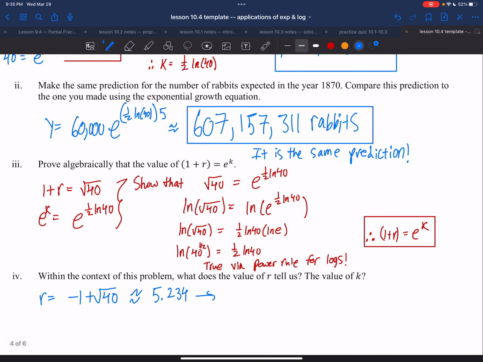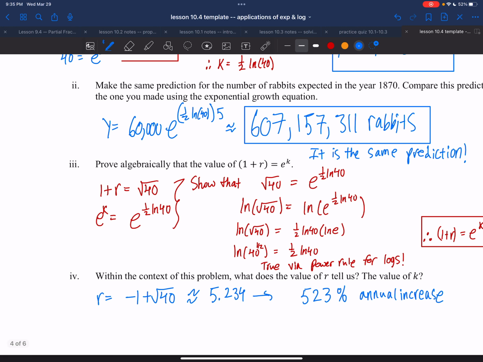That's a decimal, which means it's a percentage. So that's a 523% increase. But what kind of increase? Annual. It's a 523% annual increase of the rabbit population.